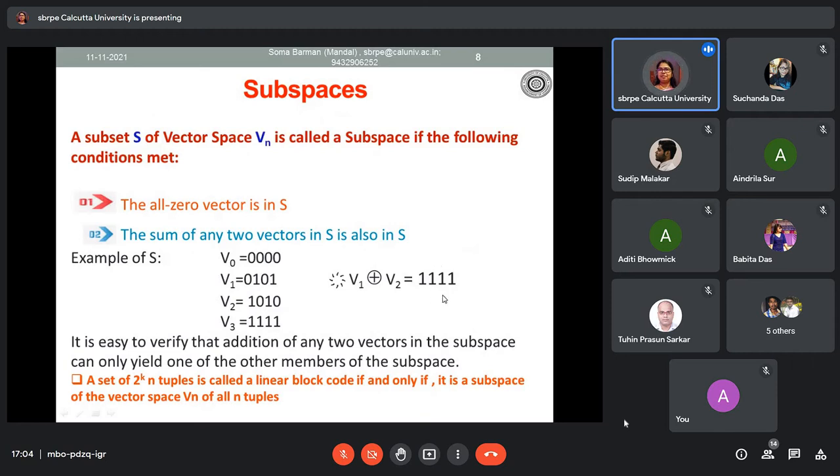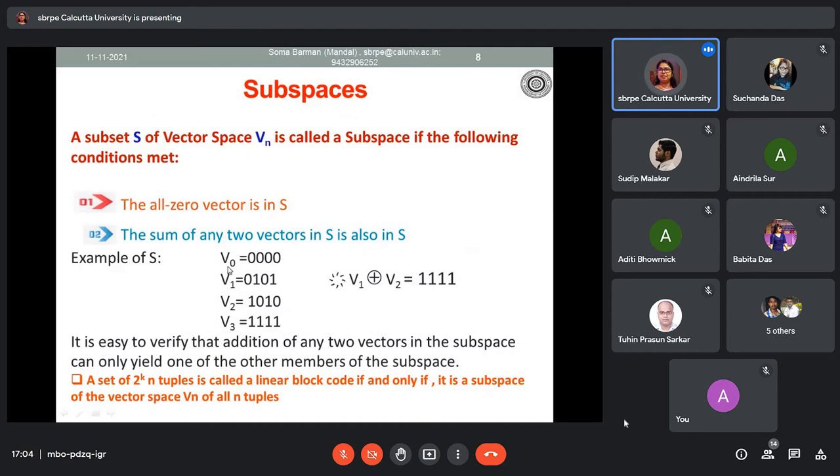So this code vector 1, 1, 1, 1 is also in S. And S is a subspace containing V0, V1, V2 and V3, 4 code word vectors.